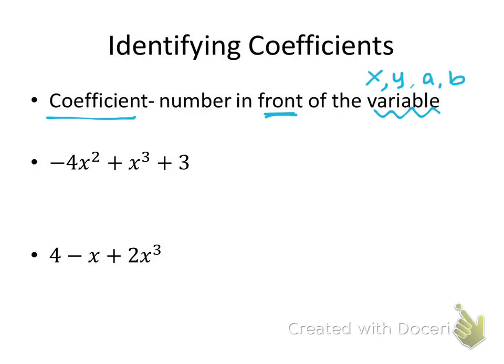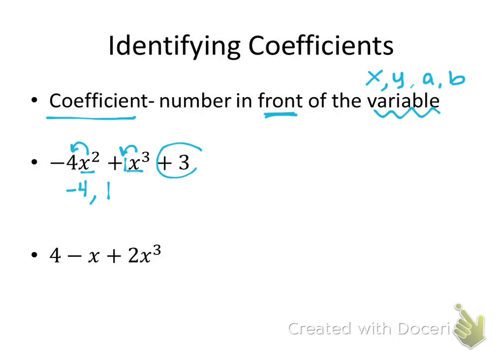So I'm going to look right here. I'm going to look for my variables. I've got an x squared and an x to the third power. So I'm going to look for the numbers that are in front of those. The number in front of x squared is what? Negative 4. What's the number in front of x to the third power? 1. When I don't see it, I know that it's 1.